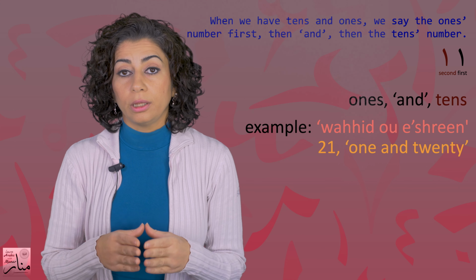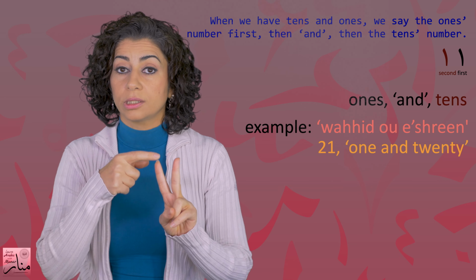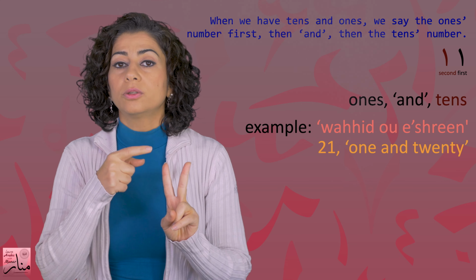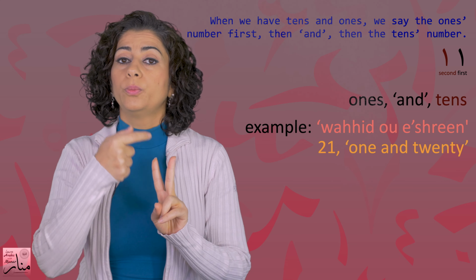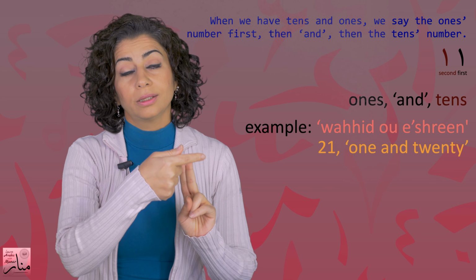We will use the feminine form of the numbers, and after the feminine form we will add "and", u, and after this we will put the tens. A very important note here: in Arabic when we read numbers that have two categories, ones and tens, we start by reading the ones, we put "and" between, and after we read the tens.